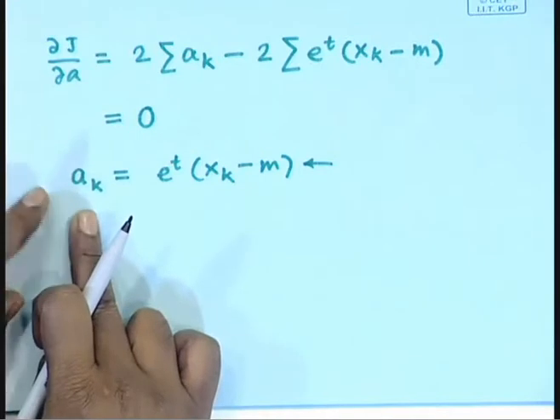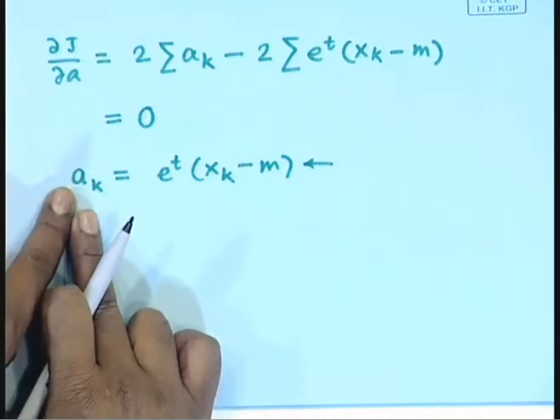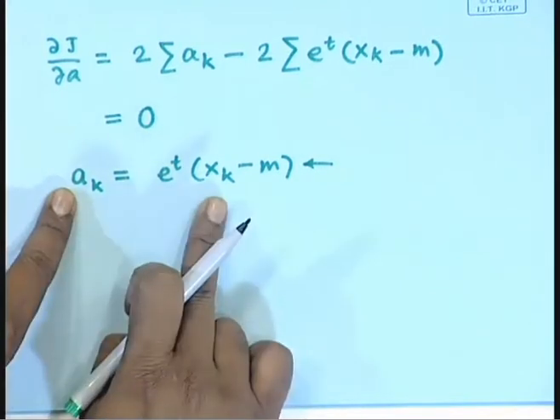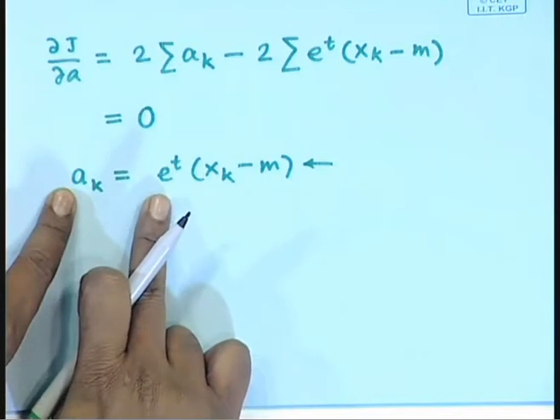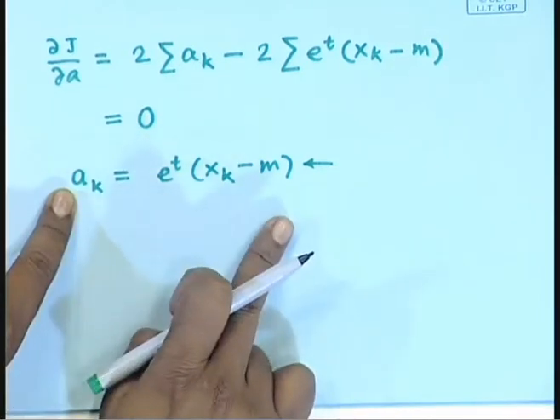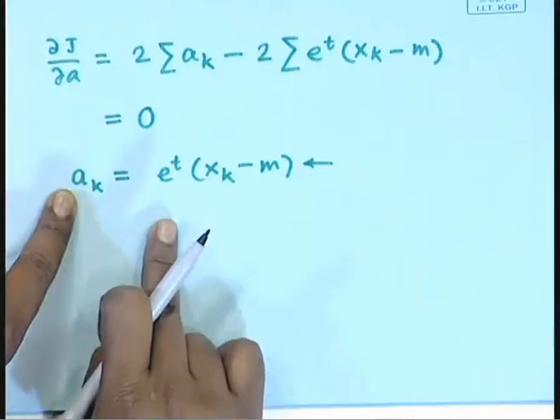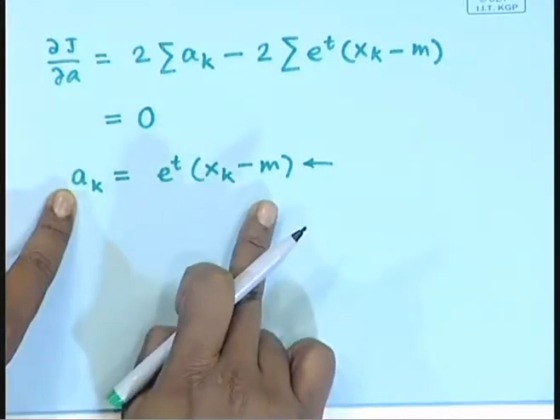So, this simply says that a k is nothing but the orthogonal projection of x k onto a line in the direction of E passing through the mean m. Okay. It is just the orthogonal projection of point x k onto a line in the direction of E passing through the mean point m, right.